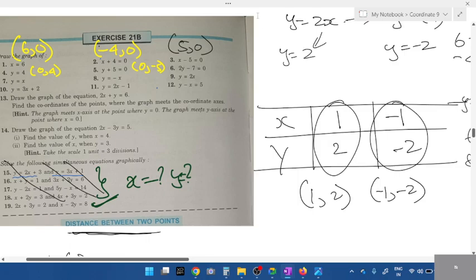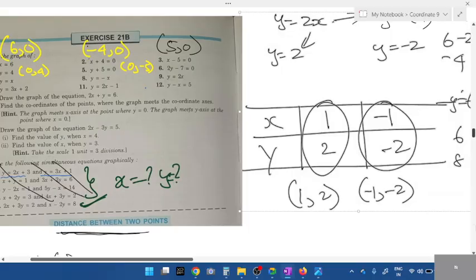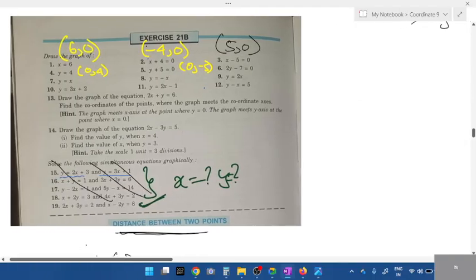No, just do the 11th one. Everything is same. Just do the 11th. One question is enough. Try the 11th one.